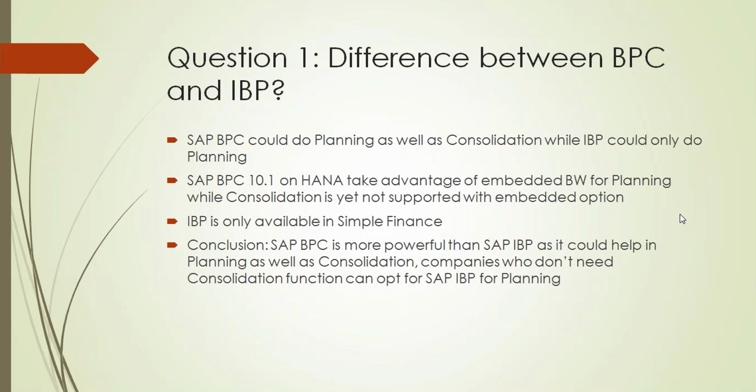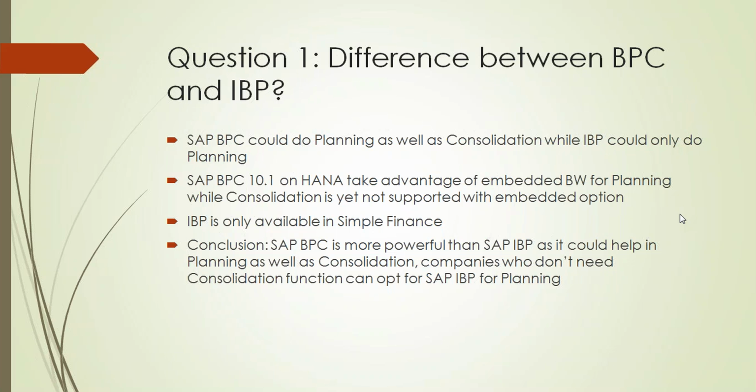So it may be possible that after some time, BPC will be completely removed and converted into IBP. But as of today, SAP is clearly saying that if you want consolidation, you have to go for BPC. But if your need is only for business planning, the integrated planning on real-time SAP HANA, then you go for integrated business planning, IBP.